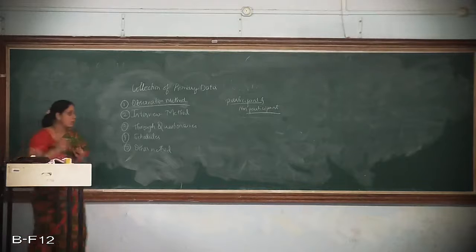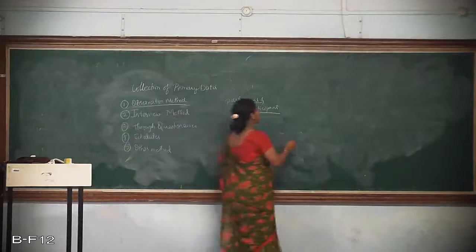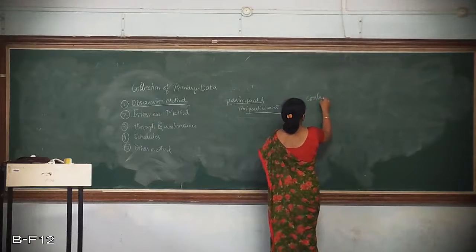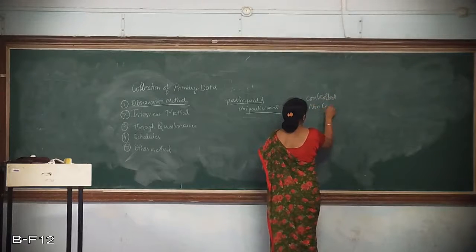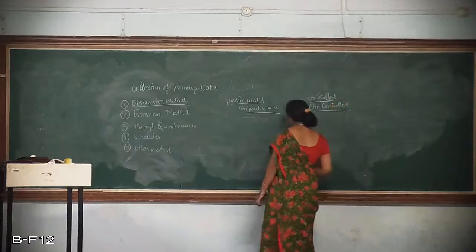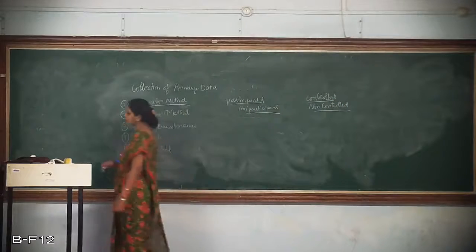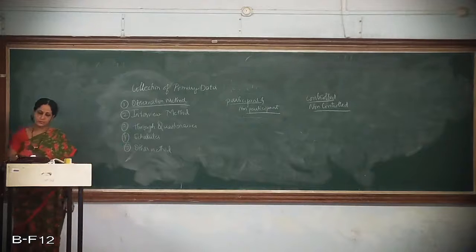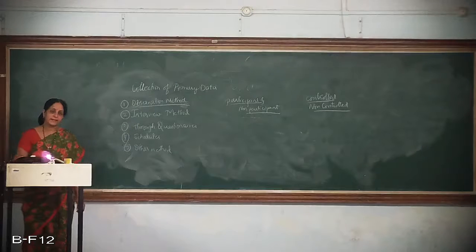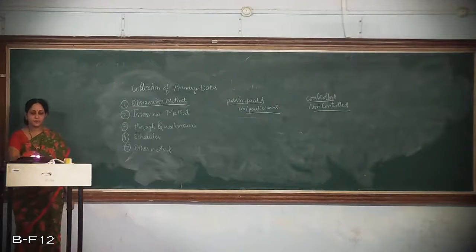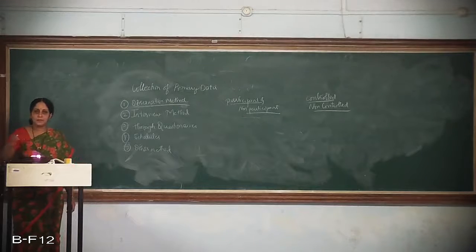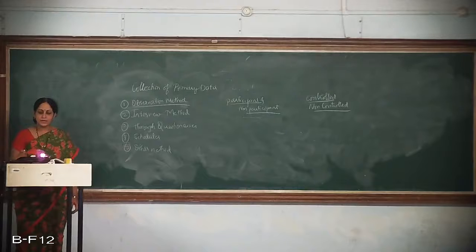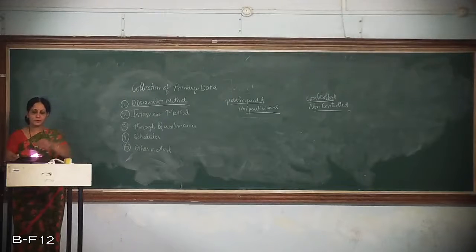Sometimes we can go for controlled as well as non-controlled observation. When I talk about controlled and non-controlled observations, it may be because of various factors or the natural setting. In a controlled environment, a controlled atmosphere or pre-planned sessions or pre-planned experimental procedures can be added. Then it becomes a controlled observation.